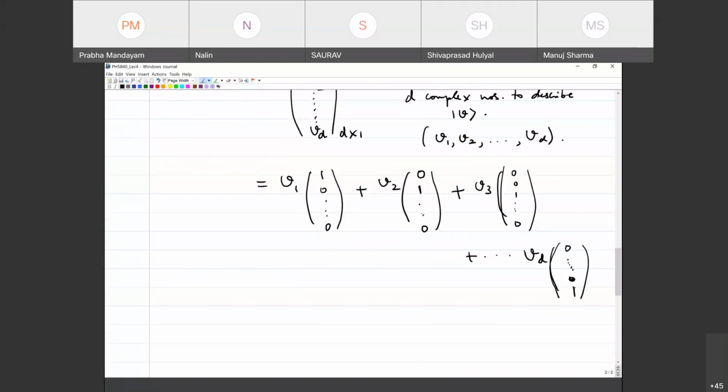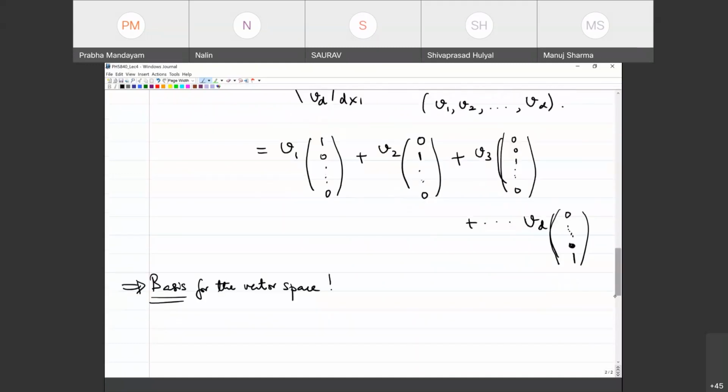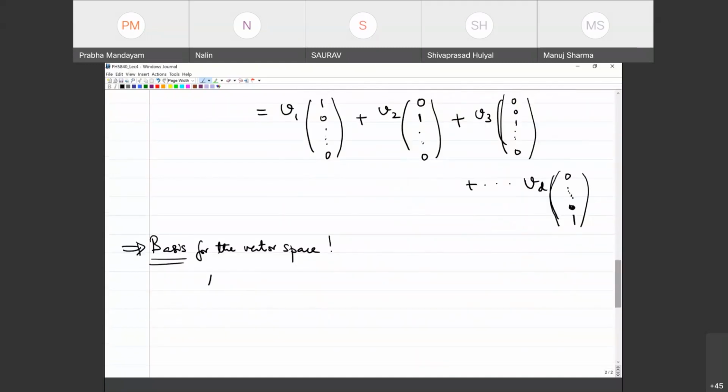So this naturally leads to the idea of a basis for the vector space. So what is a basis? A basis is any set of vectors, and I will typically call a basis using the letter E, that's standard mathematical notation as well.